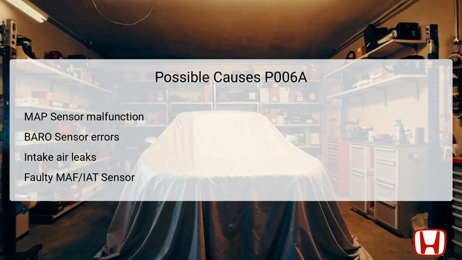Third, air leaks in the intake system may prevent proper measurements from being taken, causing a mismatch between what the MAF and MAP sensors report. Lastly, a faulty MAF or intake air temperature IAT sensor may directly impact the accuracy of the MAF sensor's readings. Understanding these potential causes is essential for effectively diagnosing the issue presented by DTC P006A.